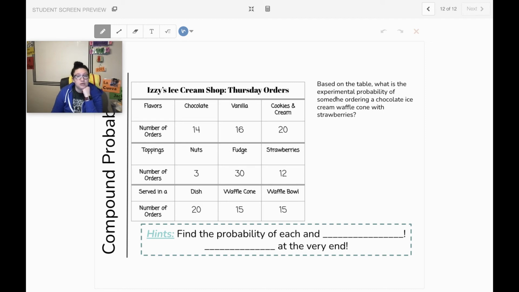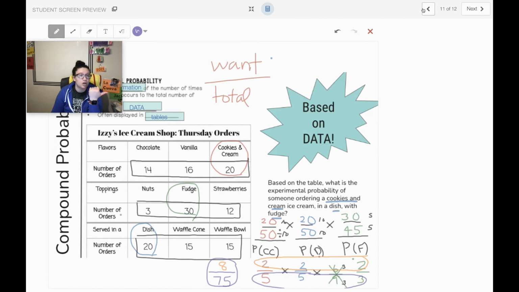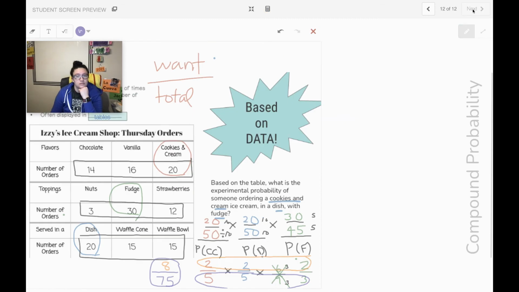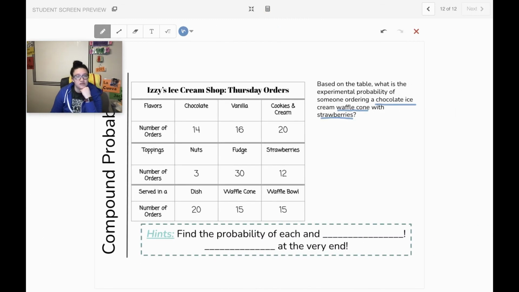Based on the table, what is the experimental probability of someone ordering a chocolate ice cream in a waffle cone with strawberries? Again, go back, look at this one to help you out because there's a lot to it. Try it on your own, pause the video. Good luck to you. If you have questions, let us know.